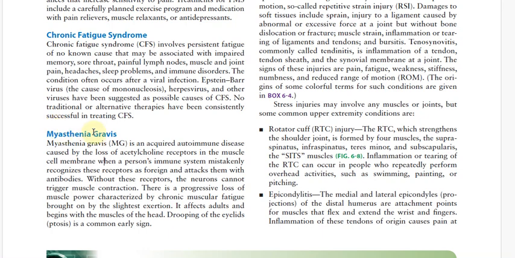Then you have myasthenia gravis, which is a chronic disease causing weakness of the muscles of the face, arms, and legs.